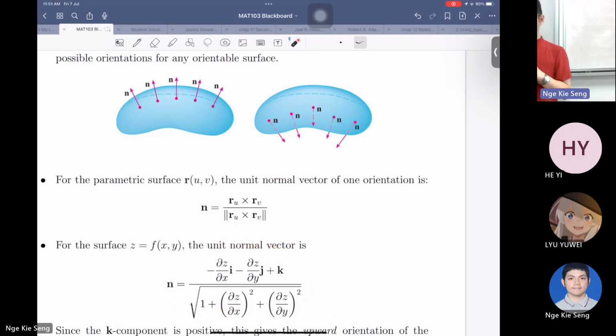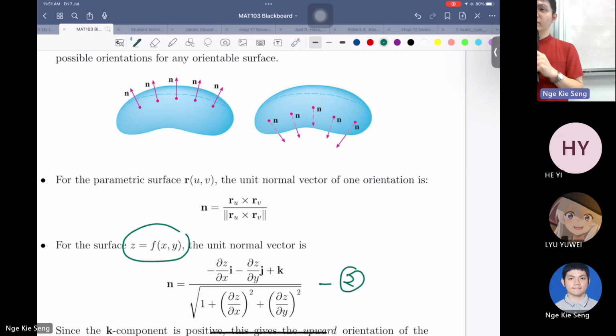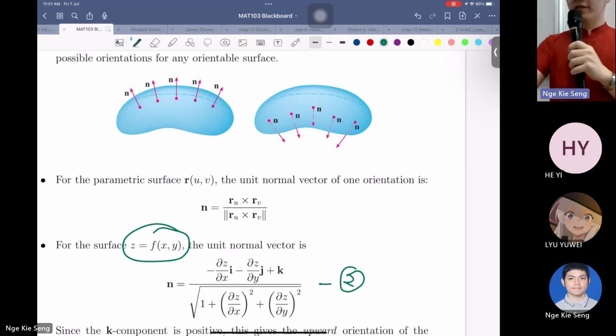But I suggest you learn the general method, because it is applicable to all surfaces. The second formula only works for z = f(x,y), in particular for the plane. For the normal vector of a plane, you can use this to find it.